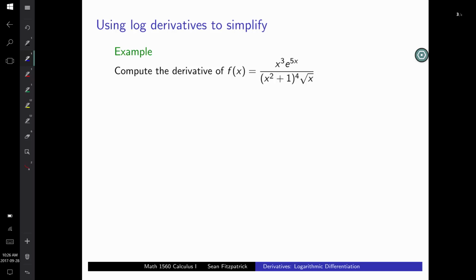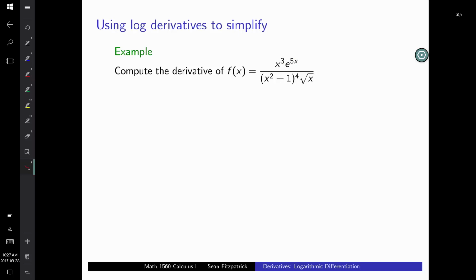But then also each part of the quotient, you can see that both the numerator and the denominator are products. So you'd have to do quotient rule followed by the product rule, and then in each we see that two of the terms in each of those products need chain rule to take care of them, right? I need chain rule here because I have a function raised to a power. Here I have something inside the exponential function.